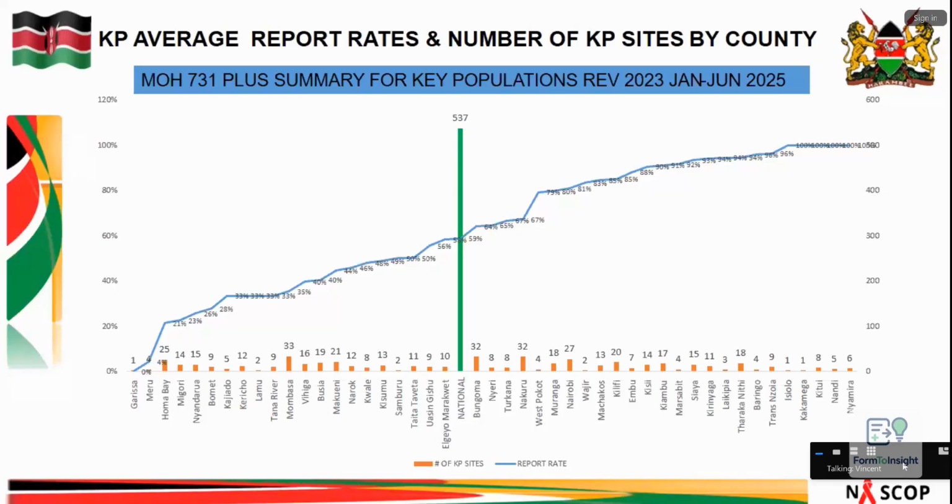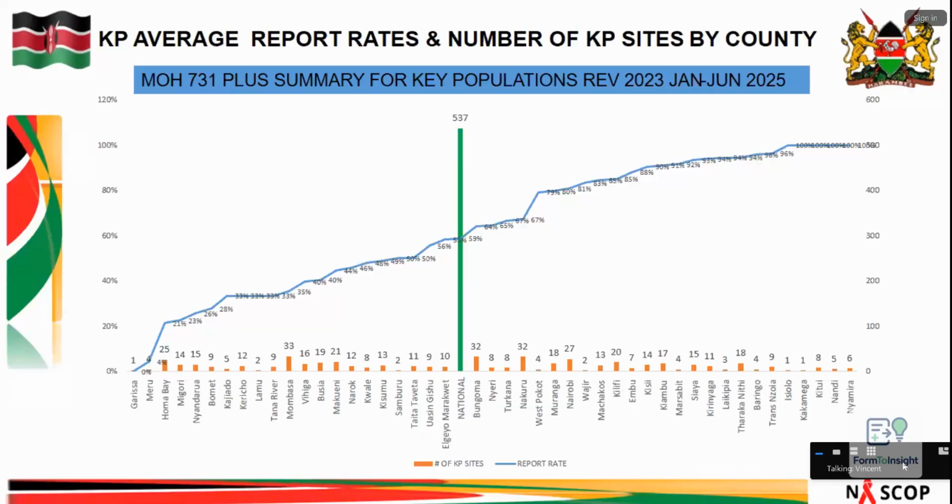So if any participant is in the meeting from Kakamega, I think we need to identify and map the remaining facilities onto KHIS that are offering KP services. We have counties that are still doing 0%, like Garissa. Meru is doing 0% reported for KP.